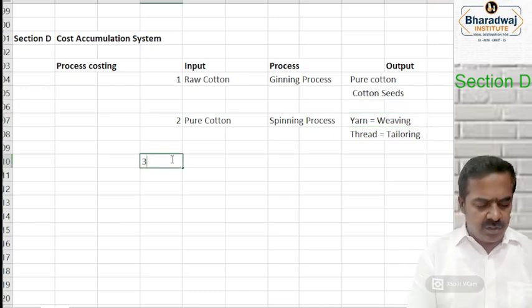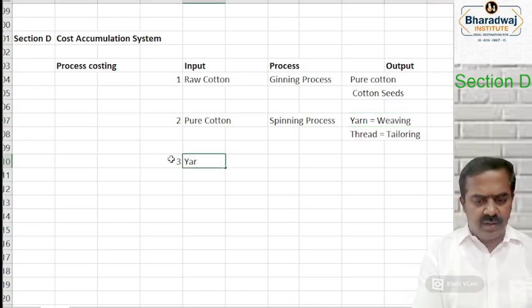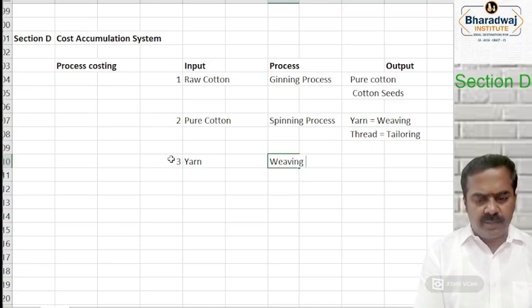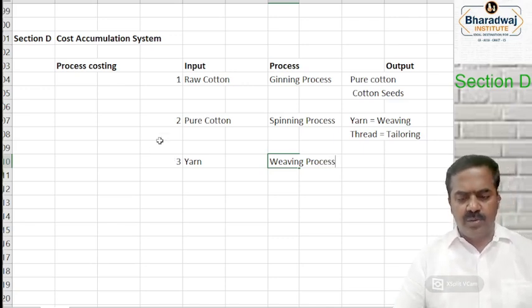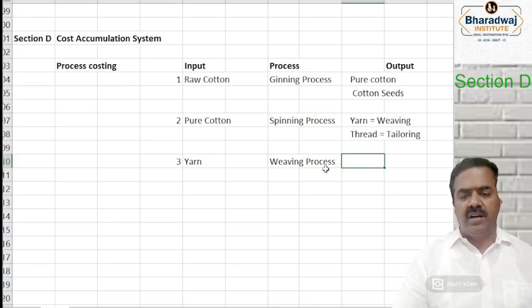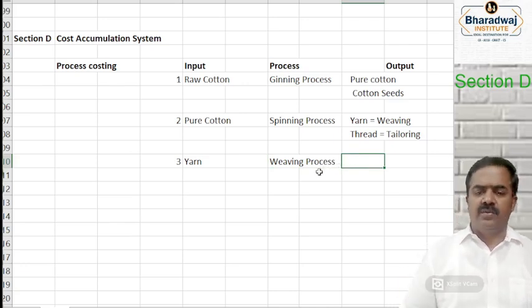In the next process, we take yarn and do the weaving process. There are different types of weaving: hand looms, power looms, air looms, spin looms, like that. There are different methods of weaving. Clear? That is where we get the cloth.